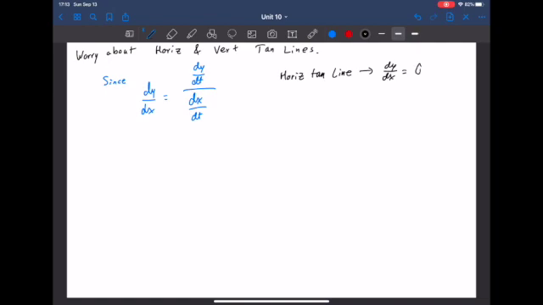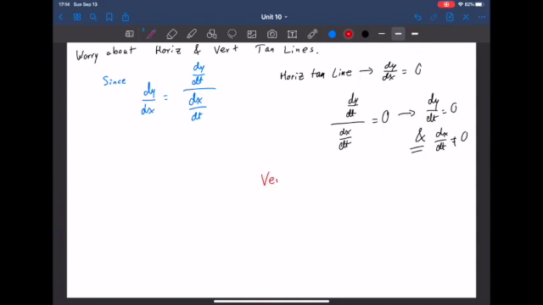How do I have this fraction equal to 0? If I have a fraction equal 0, like dy dt over dx dt equals 0, that will be enough to show that dy dt equals 0 and dx dt is not 0. If they are both zeros, there's going to be an issue. I'll talk about that in a second.